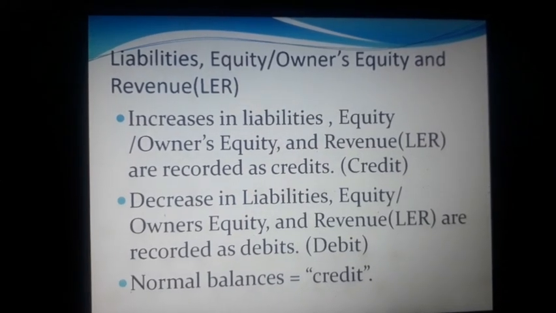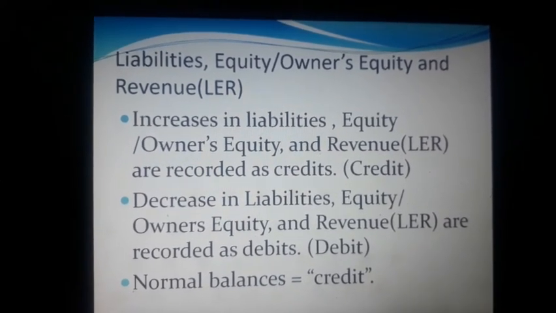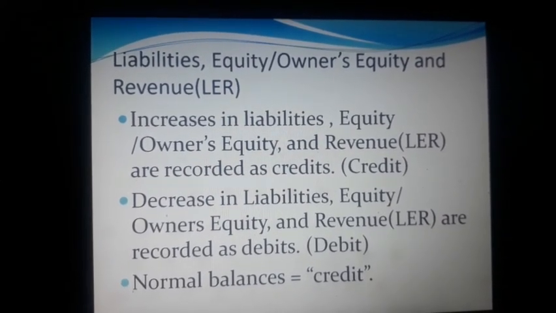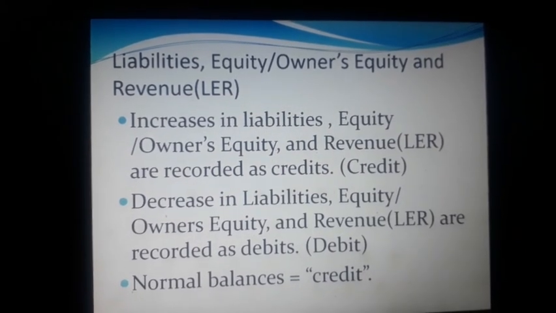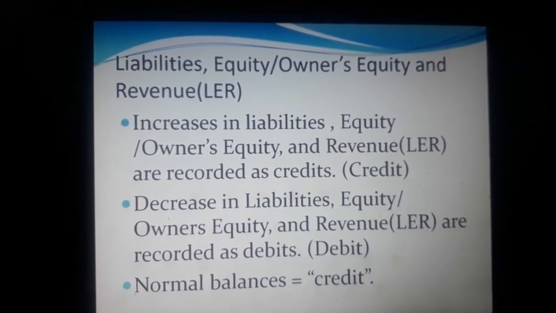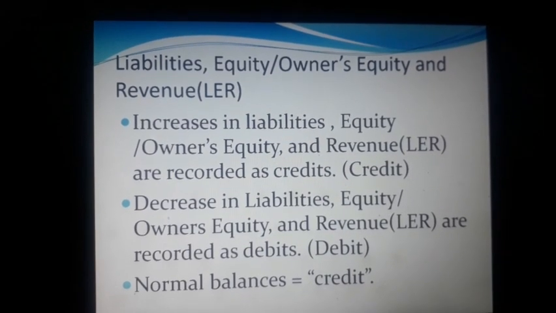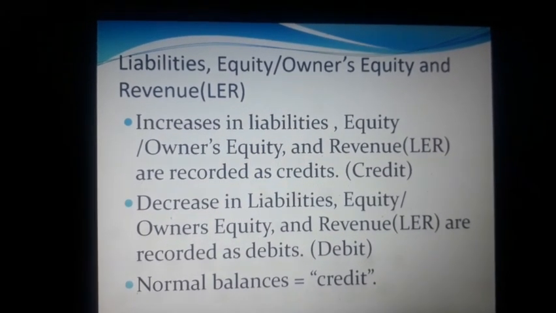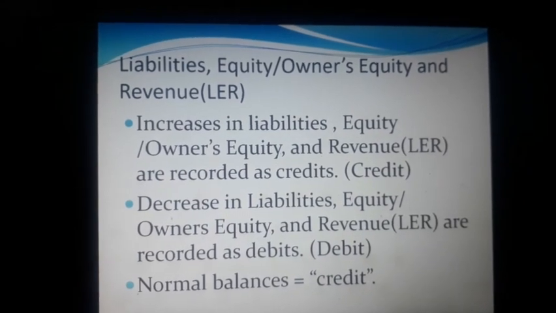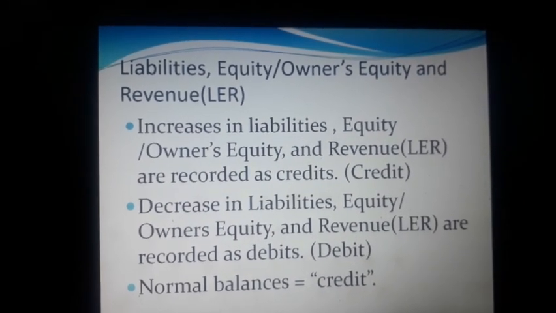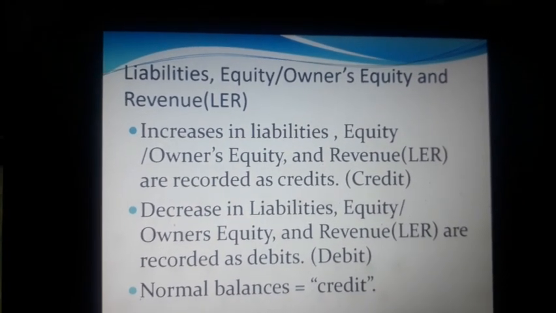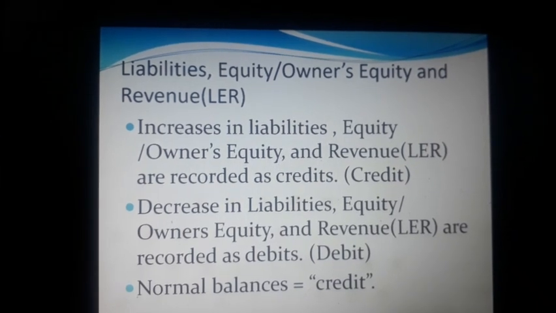Tandaan ha, credit. Kapag nababawasan po ang ating liabilities, owner's equity, revenue, nire-record natin siya as debit. Kapag nadadagdagan naman po ang ating liabilities and owner's equity and revenue, nire-record natin siya as credit.